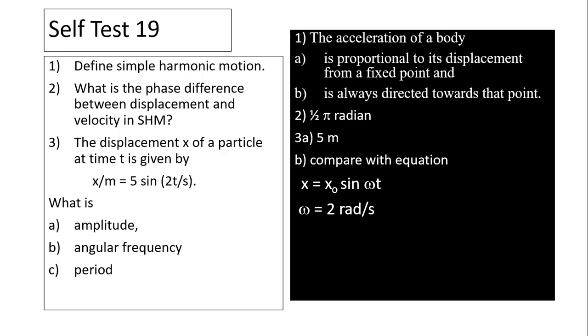Frequency equals 1 over T. So that means 2 equals 1 over T, which means 0.5. Make sure you do your homework. If you don't do your homework, you cannot progress. You forget everything. You're wasting your parents' money.